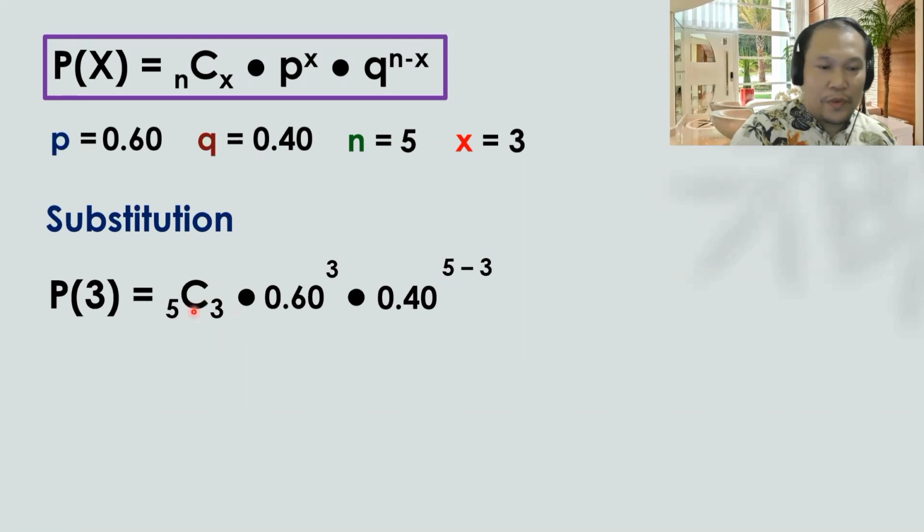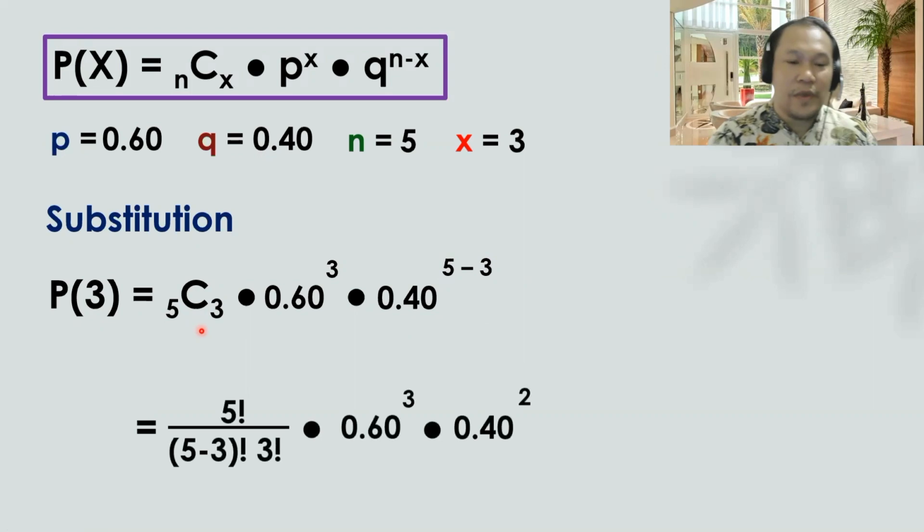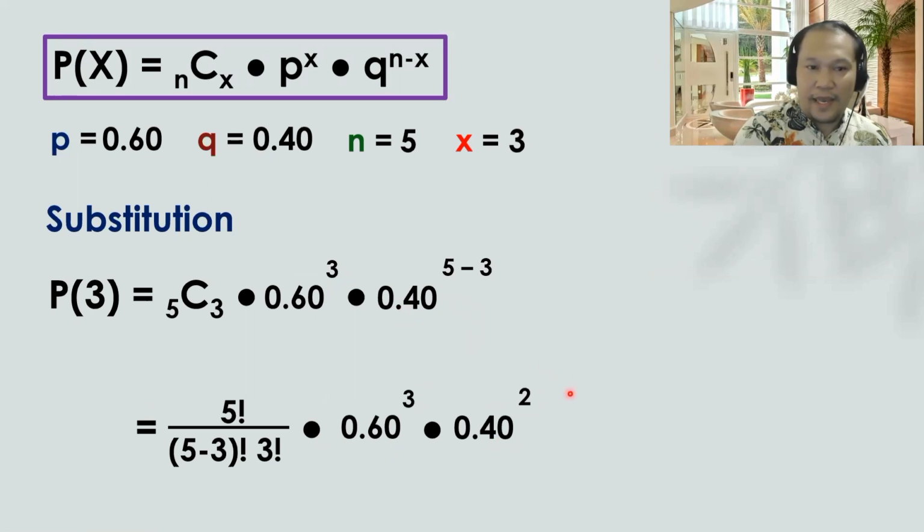And then we are going to get the value of this combination of 5 taken 3 at a time. Okay? And we have 5 factorial all over the difference, 5 minus 3 factorial, then 3 factorial, times 0.60 raised to 3 and 0.40 raised to 2. Okay?